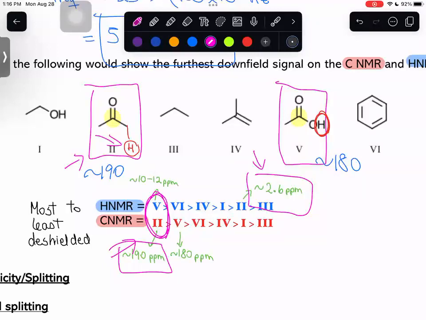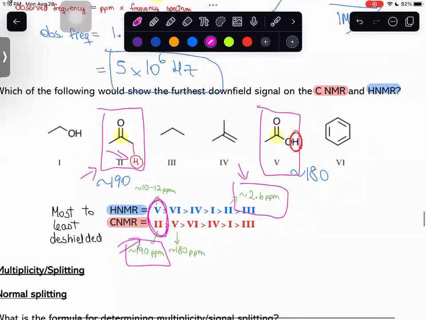Now, usually you're not going to get asked to rank different molecules like that. You're mostly going to get asked questions on the approximate chemical shift and multiplicity. And sometimes he might give you a lot of questions with the spectra themselves. So please start practicing that a lot, because you either run out of time or you get confused between the different ppm values.